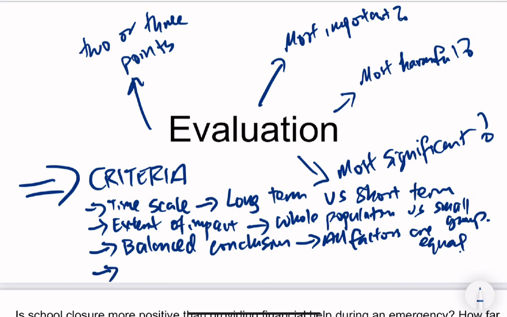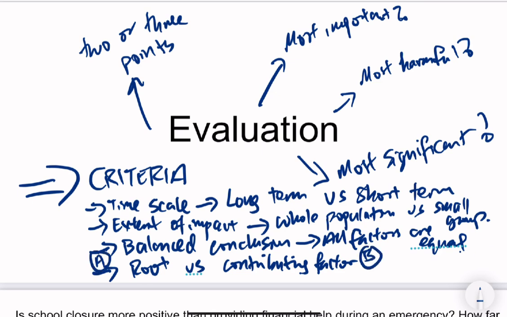Another one we can talk about is this idea of a root versus contributing factor. For example, let's say we call root A, and contributing B. So what do I mean by root and contributing? Without factor A, B wouldn't have happened.